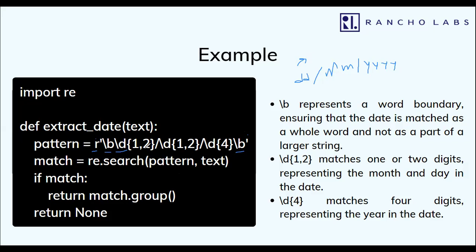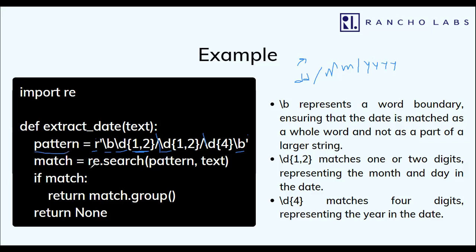If it is after 9, it should be 2 digits, right? So 1 digit or 2 digits are allowed. Then slash. This slash is one thing and this is different, guys. Then again slash d, 1 or 2 digits for month, and then slash d for year. This is the pattern, and we are storing it in the pattern variable.